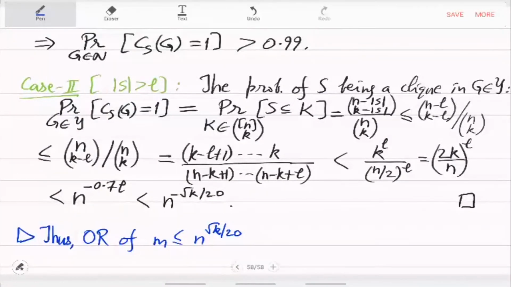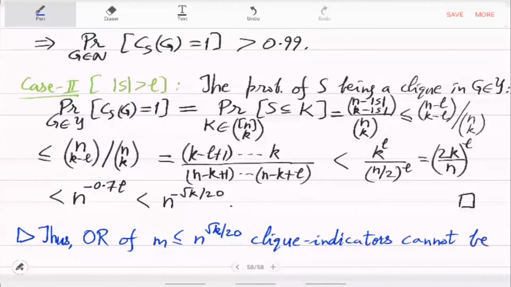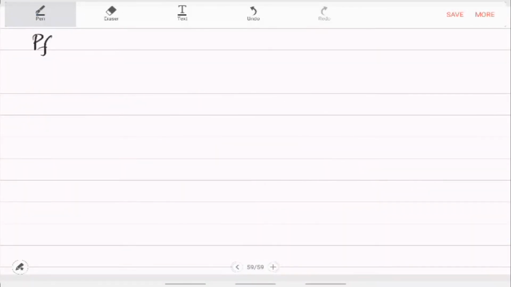So we will actually use the above lemma 1 to show that if you just take n raised to root k by 20 or fewer clique indicators, it cannot be clique. So this almost immediately follows, but let us just do the formality.